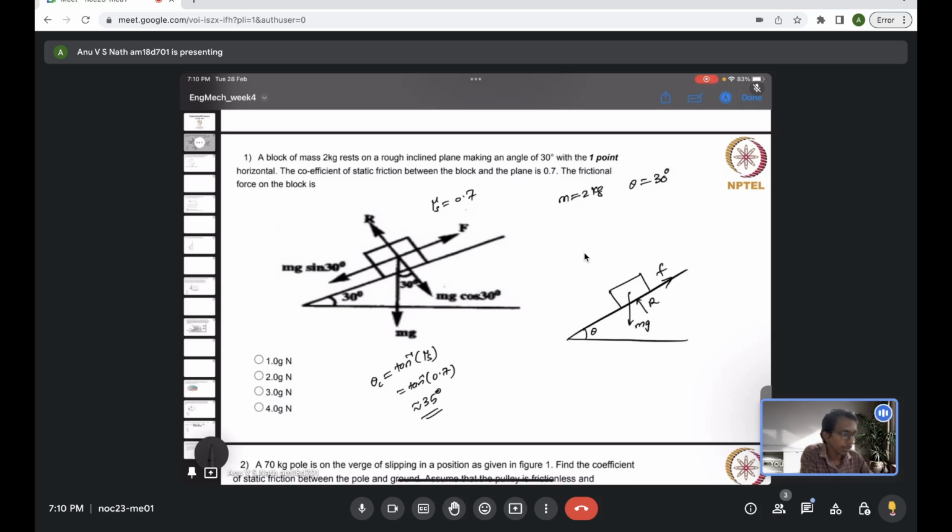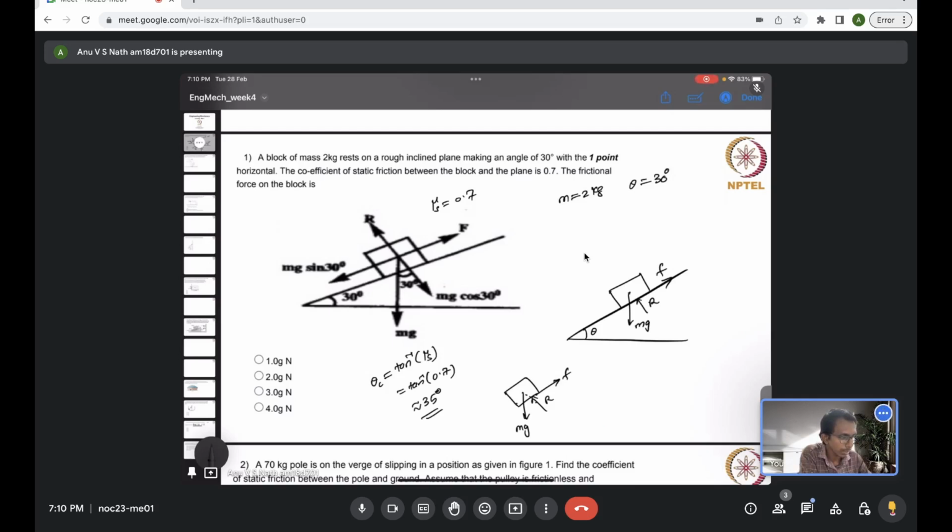Now we resolve the forces along the inclined surface and perpendicular to the inclined surface. If you draw the free body diagram of this body, mg is acting vertically downwards, a normal reaction is acting perpendicular to the surface, and a frictional force is acting parallel to the surface.